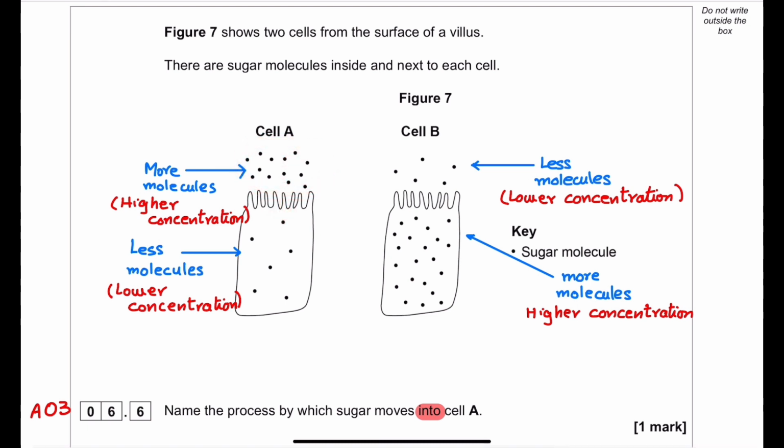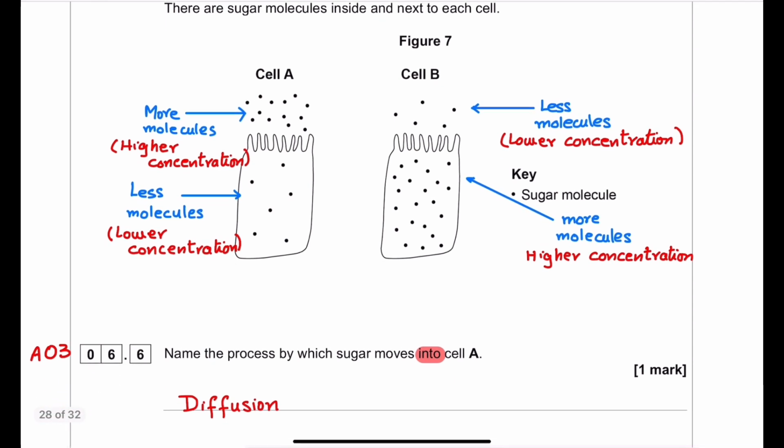The name of the process is the diffusion process. The reason is there is a high concentration of sugar outside the cell than inside the cell. Therefore, the movement is from higher concentration to lower concentration. The answer is the diffusion process.